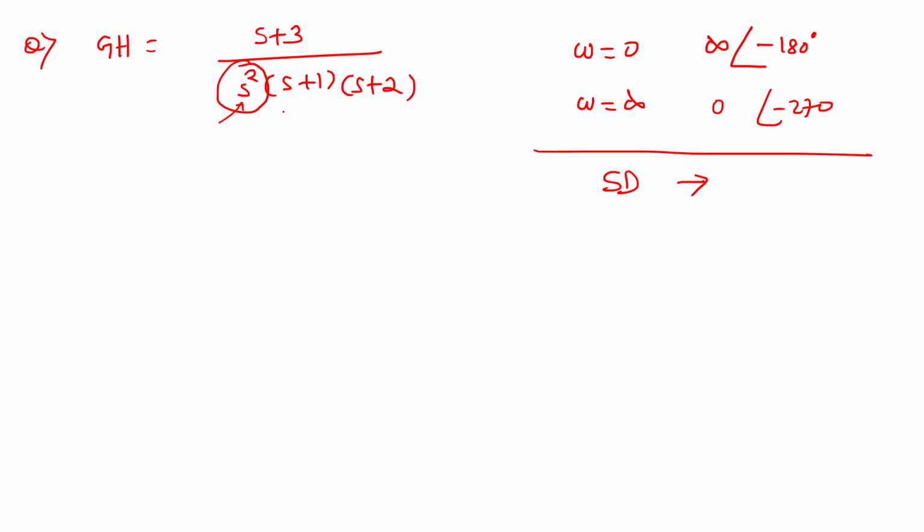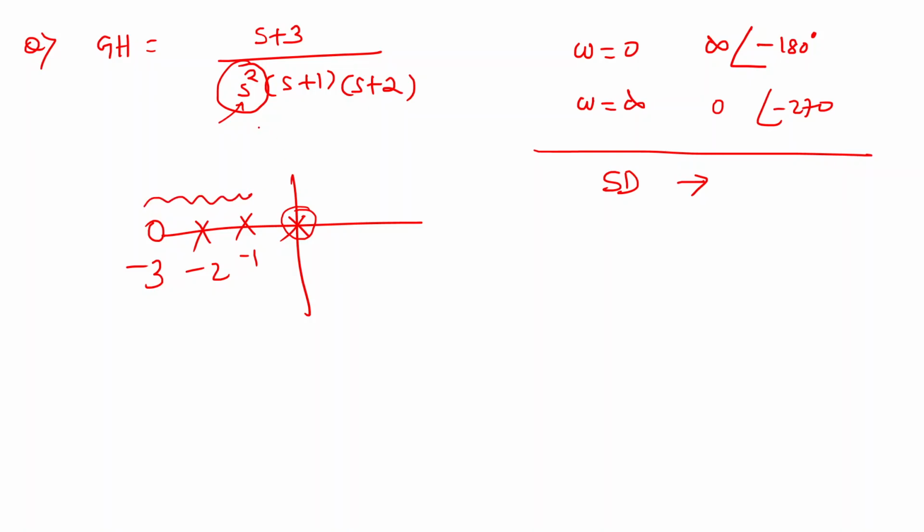In this case we consider only finite poles and zeros: one pole is at minus 1, another pole at minus 2, and a zero at minus 3. Don't consider the poles at origin. Out of the finite poles and zero, my pole is close to origin.